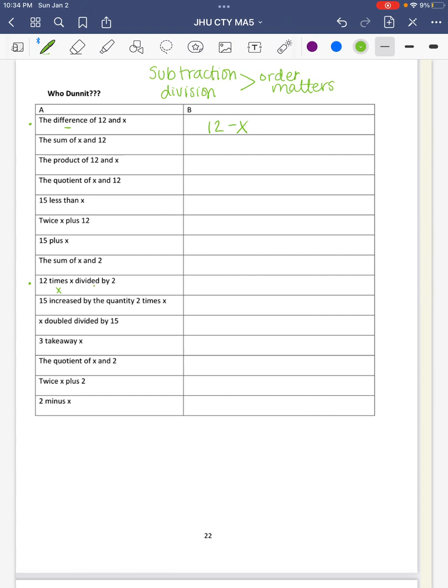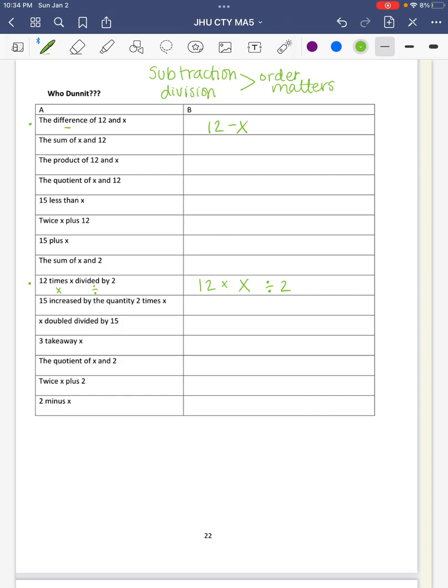Divided by means to divide. So pretty simple. I'm going to write this down in the same order that it's written here. 12 times x divided by 2.